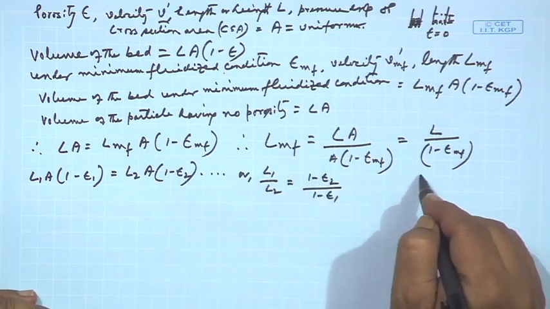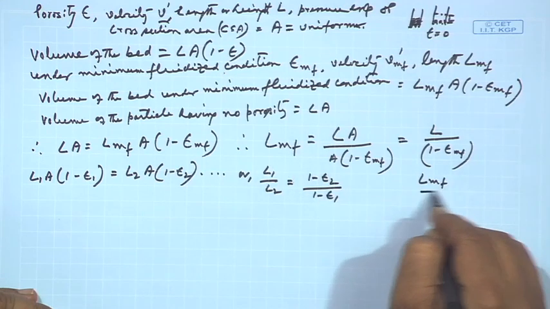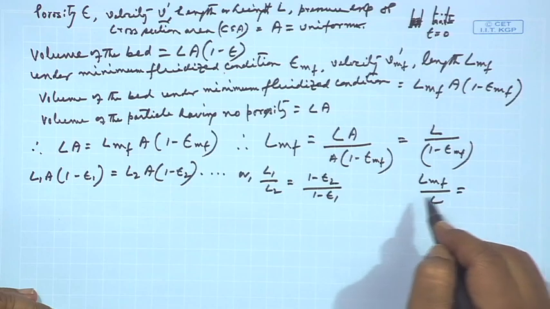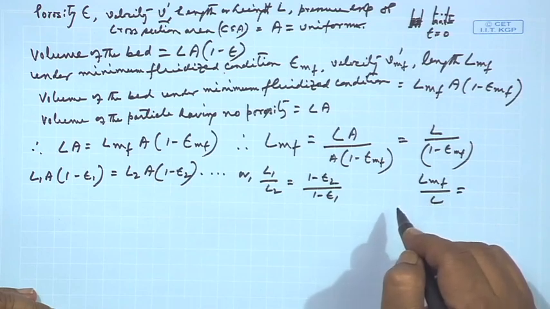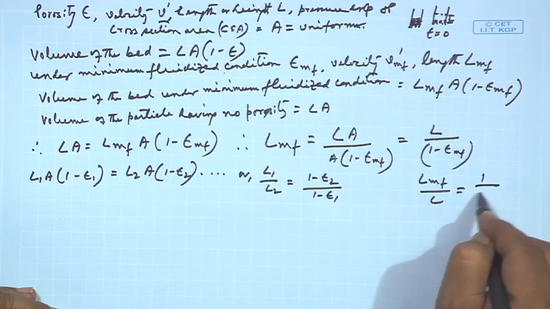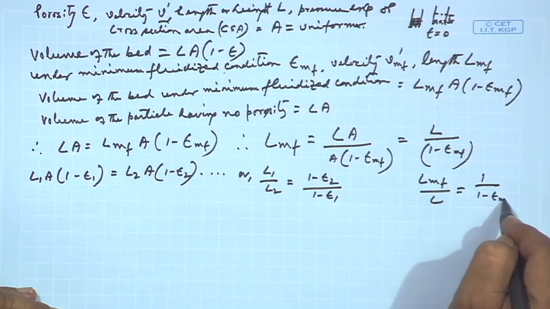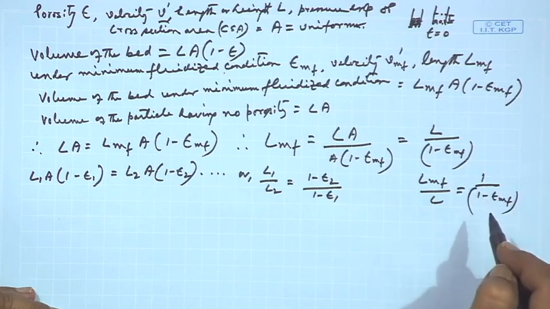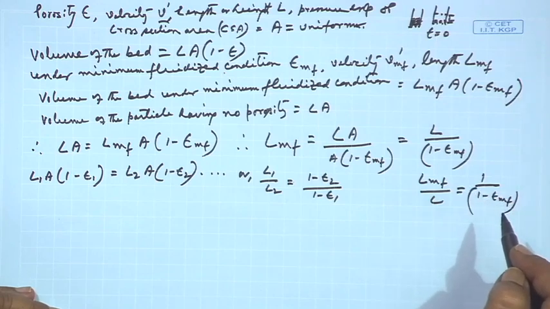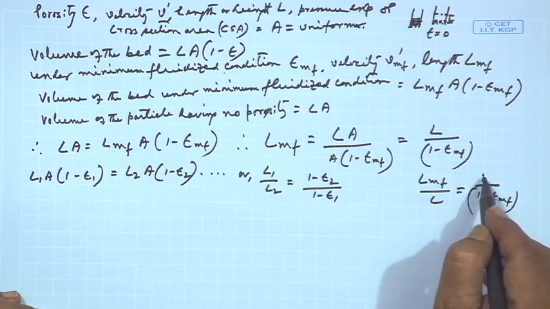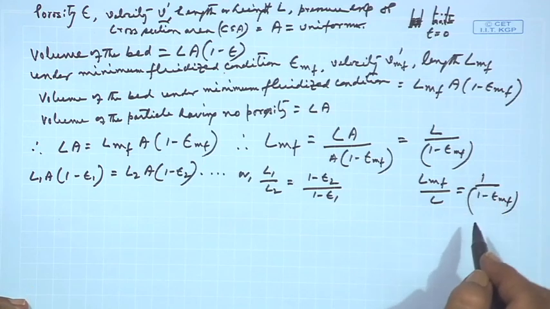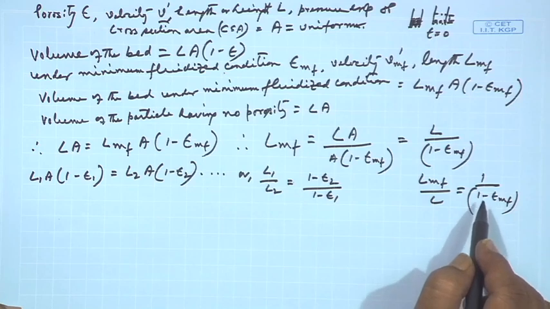Same is true here, that is L mf over L is equal to 1 over (1 minus epsilon mf). Here there was no epsilon, no void.